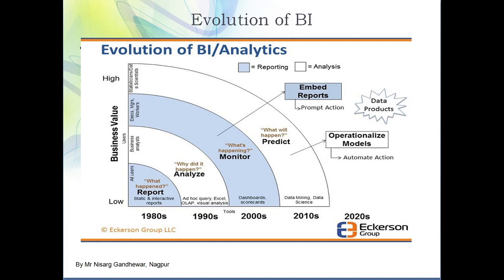In 2000, the focus came back to reporting. In 2010, the focus was on analyzing the data, and also in 2020 we are focusing on analyzing the data. So analysis of data is very important. Only generating a report is not sufficient; we need to analyze the data and extract some knowledge. This is an important thing we need to understand about BI.